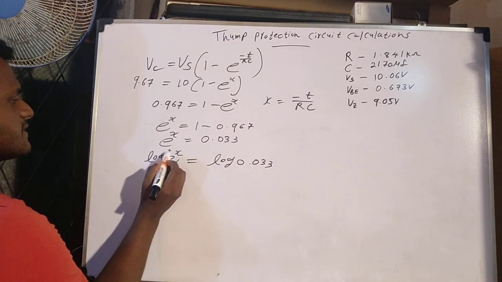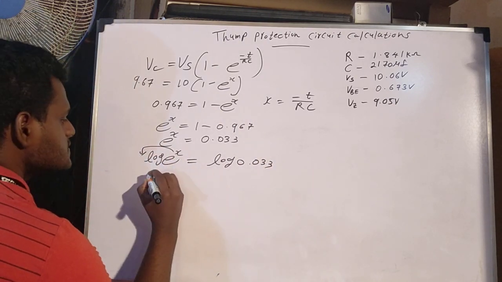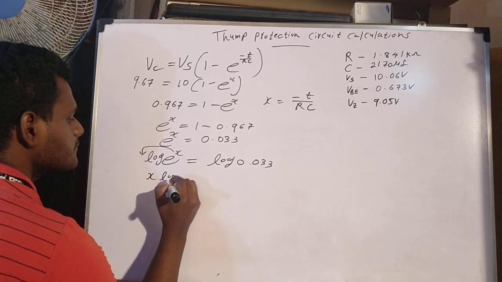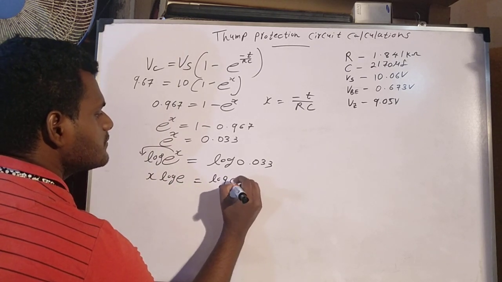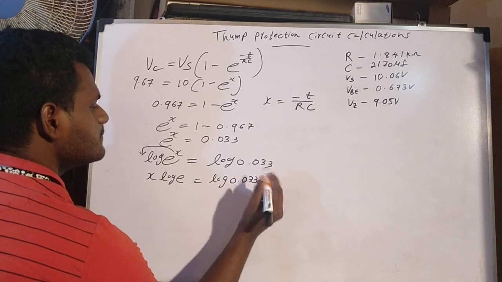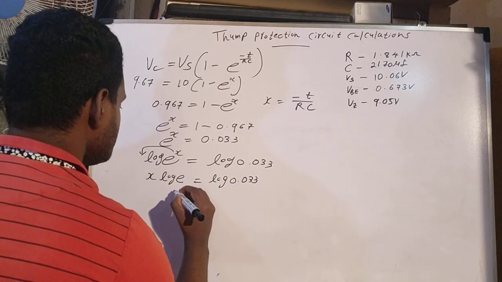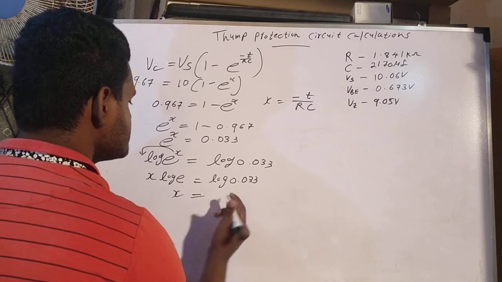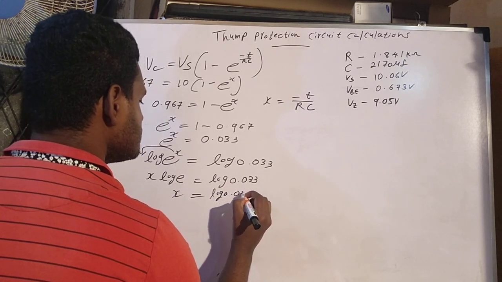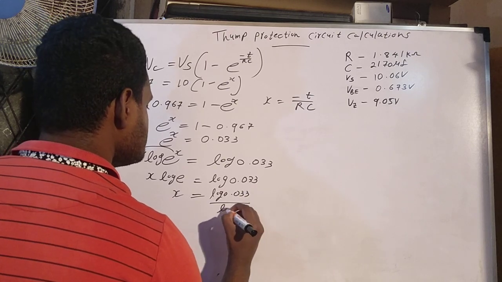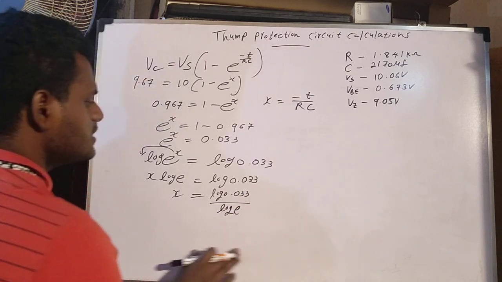Then x can be taken in front: x log e equals log 0.033. Then we can take the x value by dividing by log e.